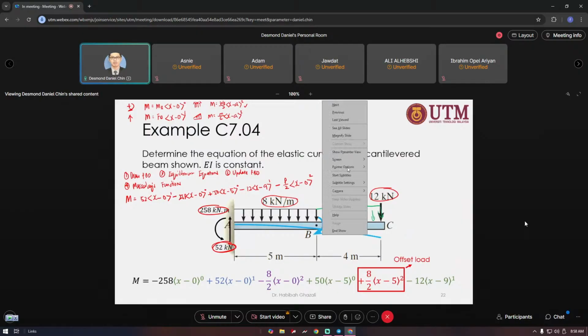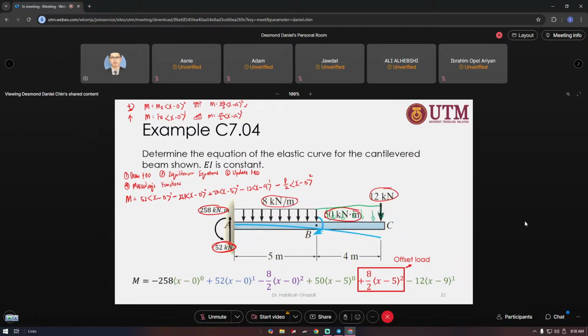So I have to apply offset loading. The height of the rectangle is supposed to be the same. If upstairs is 8, the bottom must be 8, in order for you to cancel each other. So this is plus 8 divided by 2, x minus 5, squared. This is your complete equation.